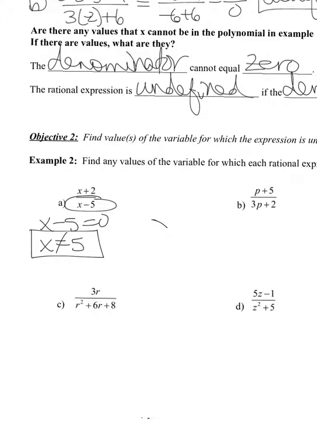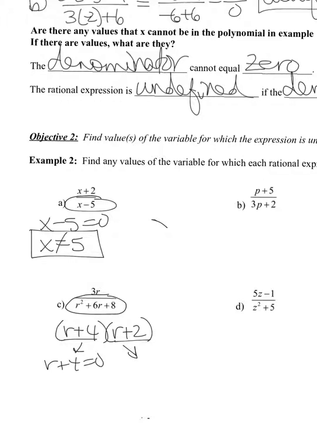So again, I'm focused on what is going to make my denominator equal to 0. This is a trinomial. I'm going to factor this. This factors into r plus 4 times r plus 2 by whatever methods you use to factor. So I want to know what's going to make this equal to 0. So I set r plus 4 equal to 0. Using your zero product property, one of these two has to be 0.